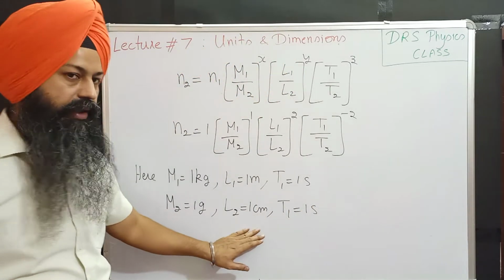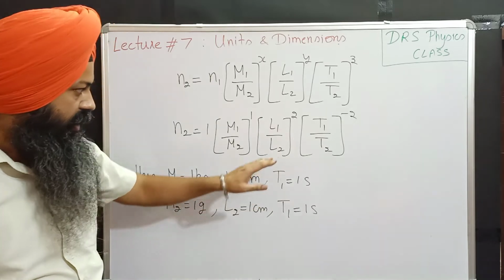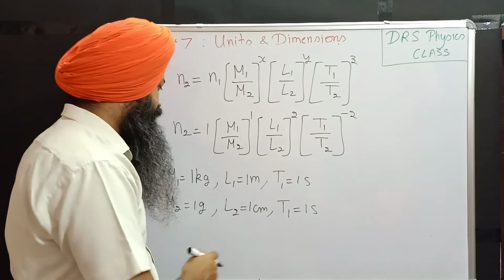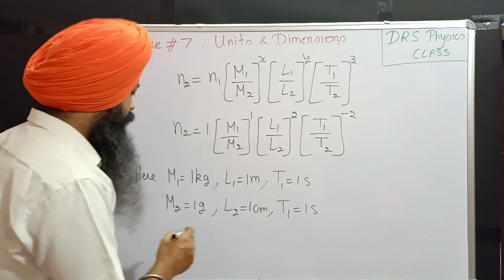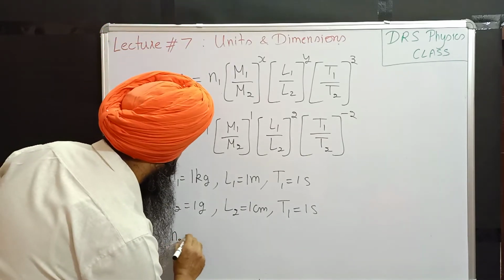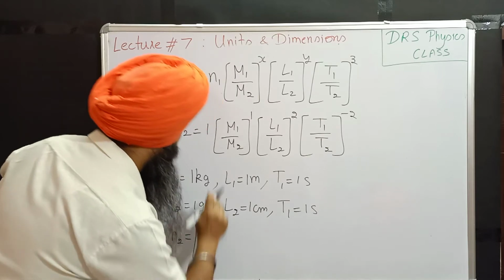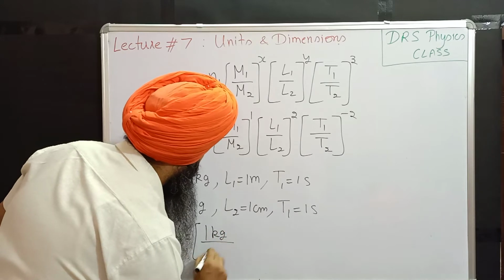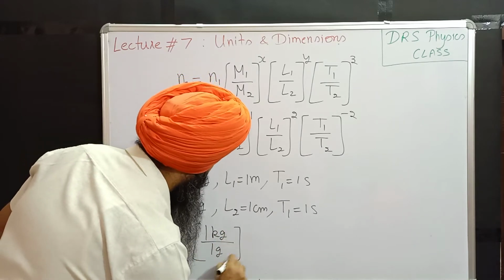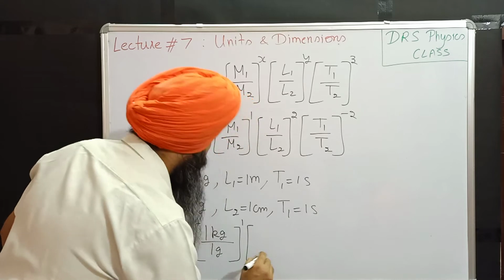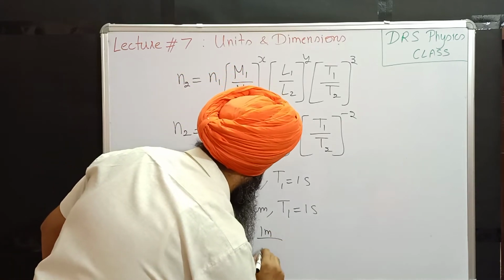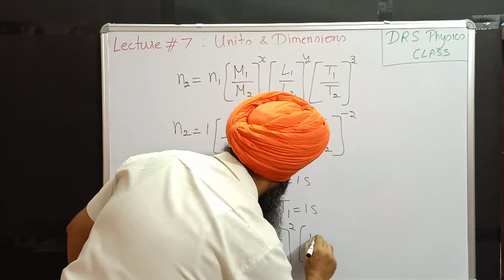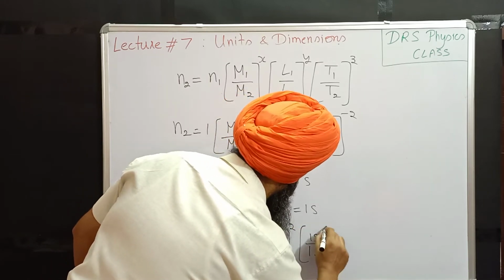It is quite similar to the previous problem, with the difference of this power 2. Filling these values, N2 is equal to 1 kg upon 1 gram, whole power 1, 1 meter upon 1 centimeter, whole power 2, 1 second upon 1 second, whole power minus 2.